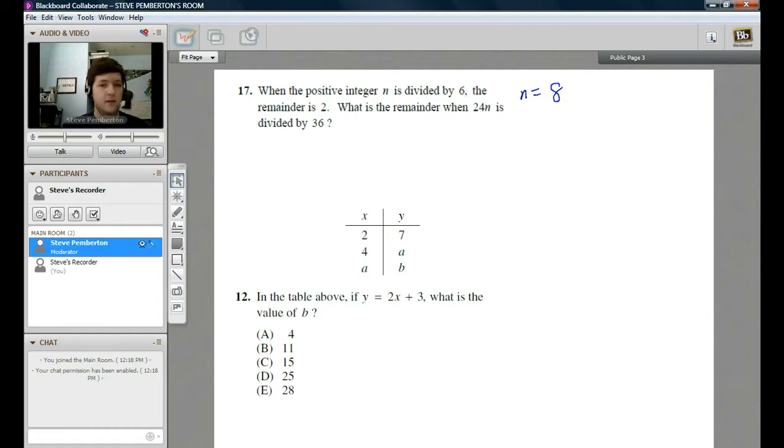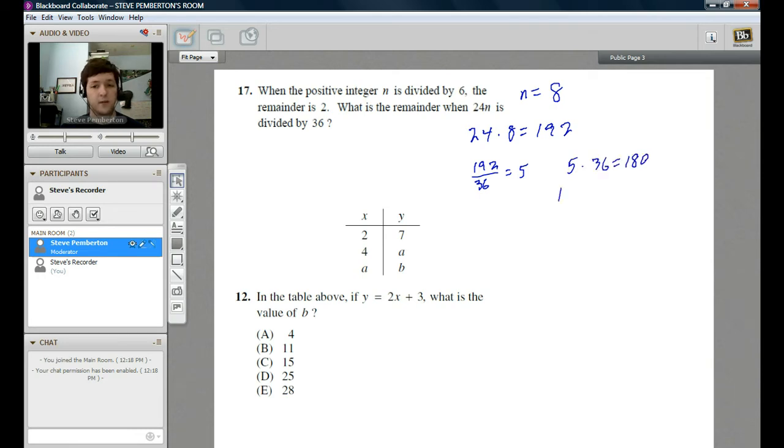So now that we have our n, let's see what they're actually asking us to do. They want the remainder on 24n. So let's find what 24n is worth. 24 times 8, that's 192. Okay. Is divided by 36. So 192 divided by 36 goes in about 5-ish times. Let's figure out exactly what that is. 5 times 36, that's 180.